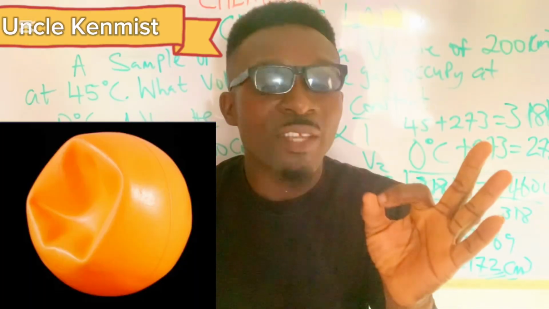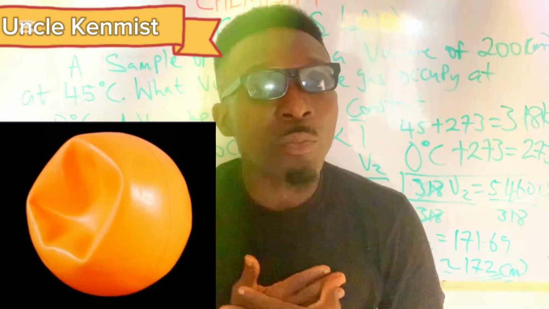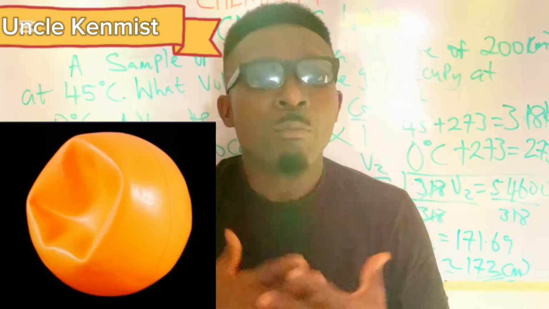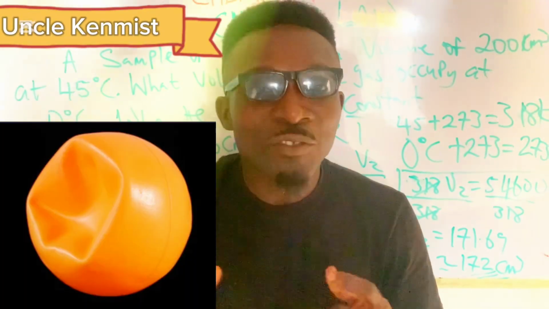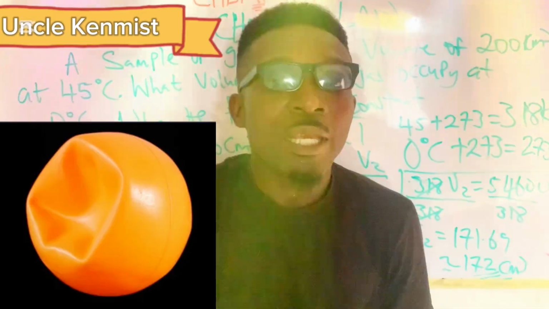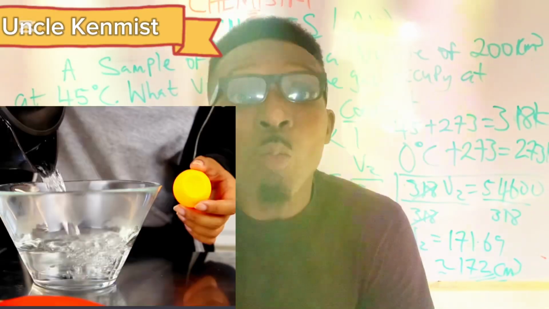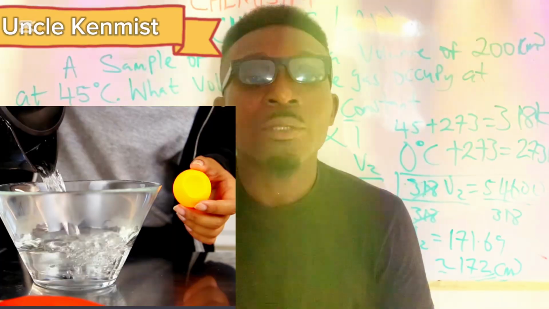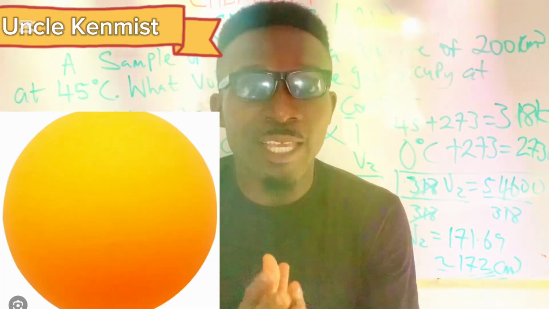What I observed is that the volume of the tennis ball had decreased, and I was not really feeling good about it. But what do you think I need to do? I remembered the application of Charles' law, and what I did was to get the tennis ball, and I rushed into the room and placed it in boiling water. And what happened? All of a sudden, the volume of the tennis ball increased again.